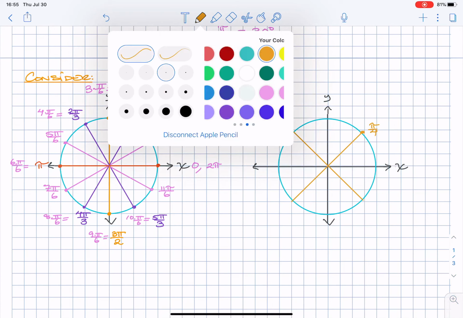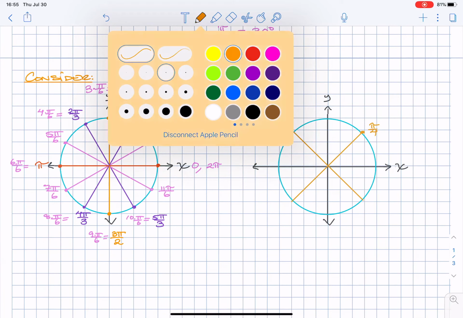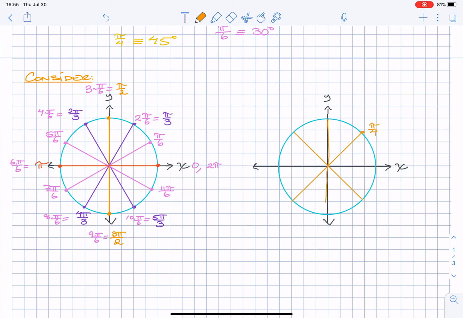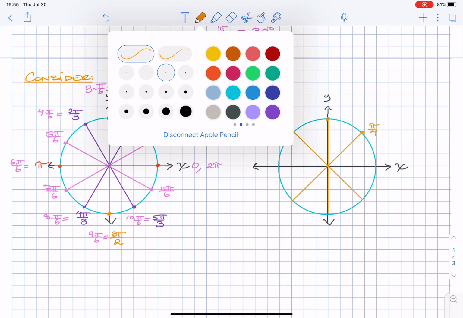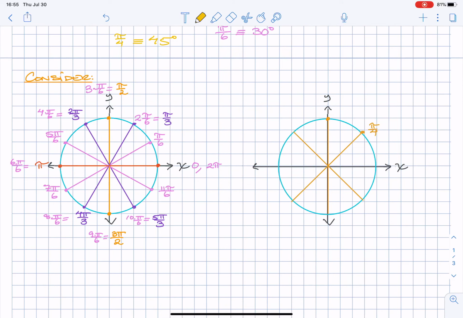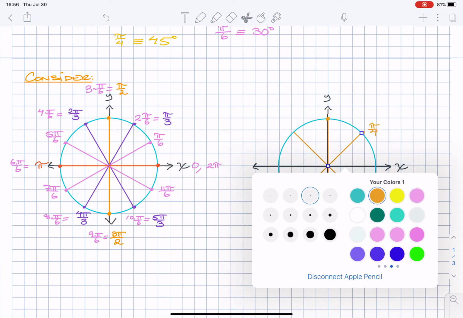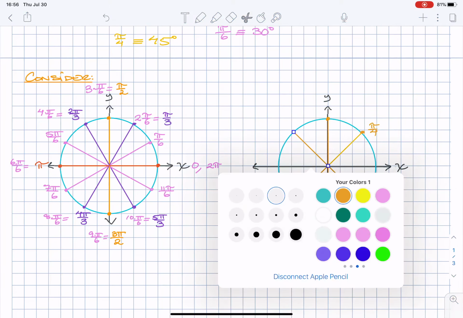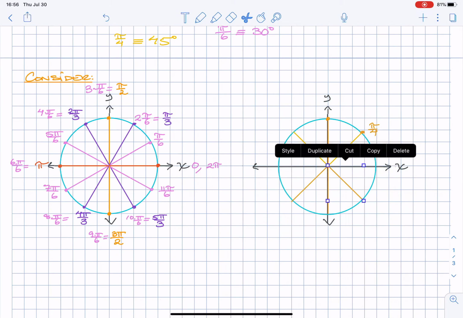Now if I go to 2 times pi over 4, up here, actually let me change these colors to a lighter yellow just so we can see the difference.